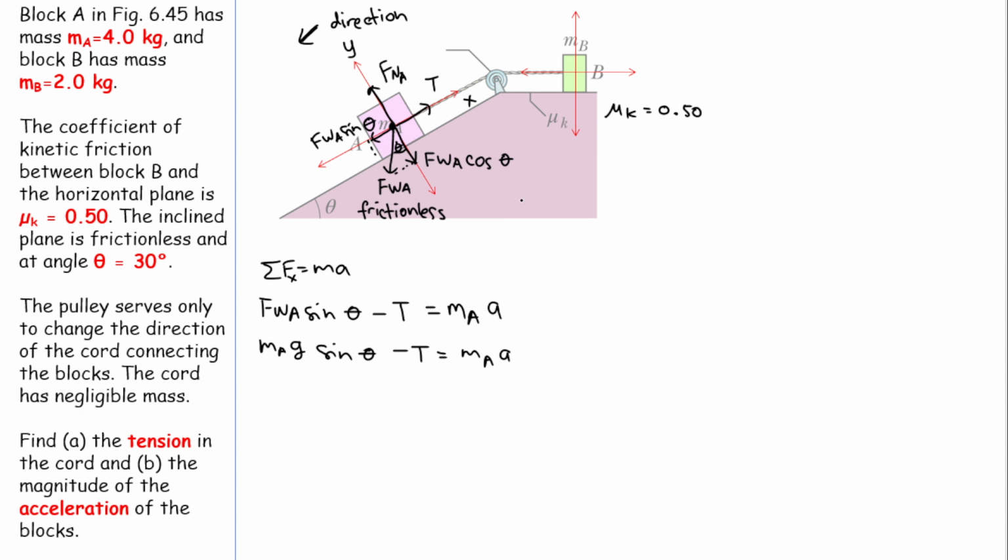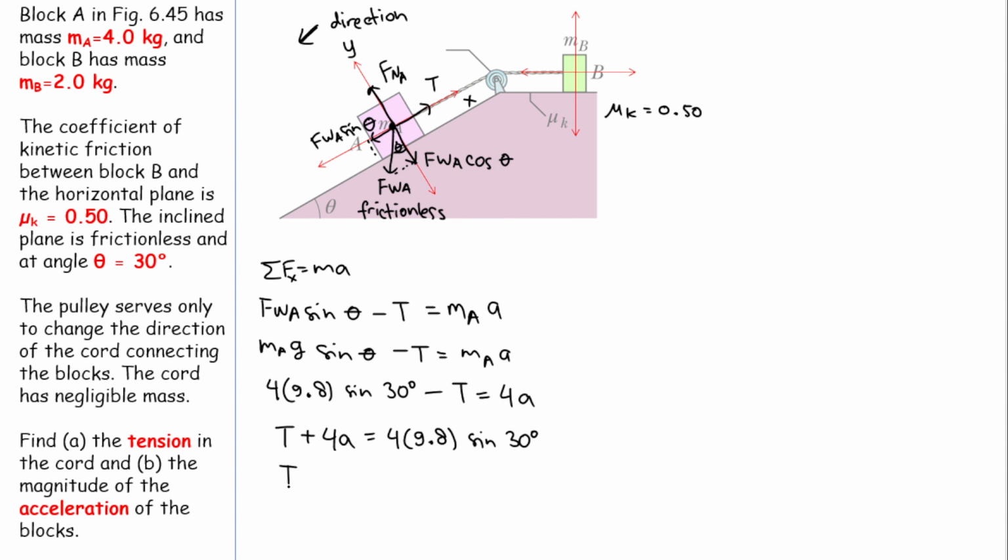Okay, now let's plug in the numerical values. Block A has a mass of 4 kilograms, so I will have 4. G is 9.8. Sine of theta, so I have sine of 30 degrees. And then minus T, and that will equal the mass of A, that will be 4 multiplied by a. Okay, now we can isolate all the variables on the left hand side. So T plus 4a will equal 4 multiplied by 9.8 multiplied by sine of 30 degrees.